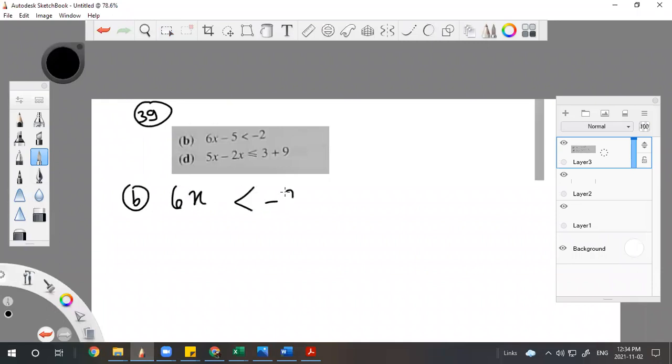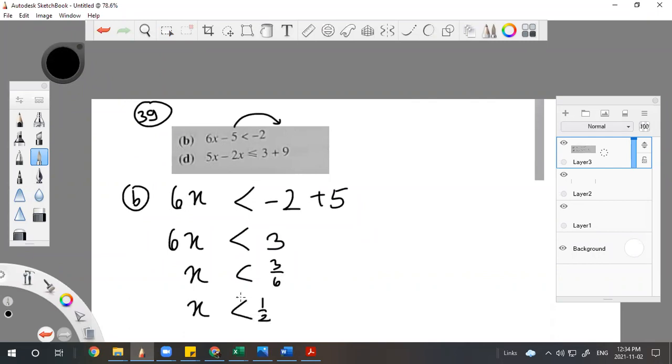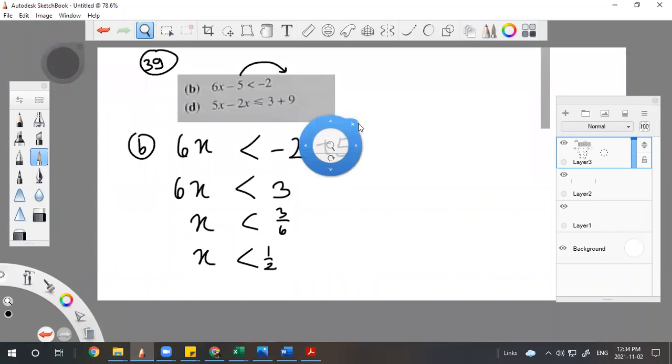Boleh nggak langsung kita pindahin? Jadinya minus 5 jadi plus 5. Hampir selesai. Ya, 3, and x less than 3 by 6. So x is less than half. Pelan-pelan, sorry, I lupa. Terlalu cepat. 6-nya pindahin ke sini jadi divide. 3 over 6.